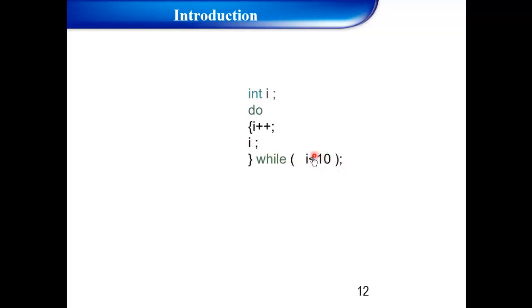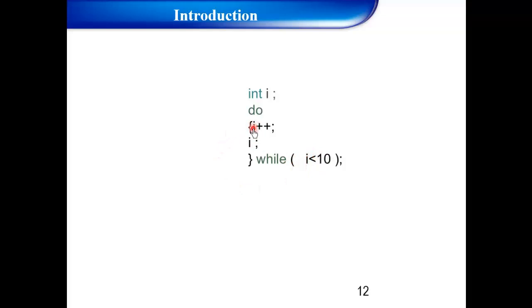This condition is true. Loop, i equal to 2. Condition is true. Now i equal to 3, 4, 5, 6, 7, 8, 9. i equal to 9, the condition is true.